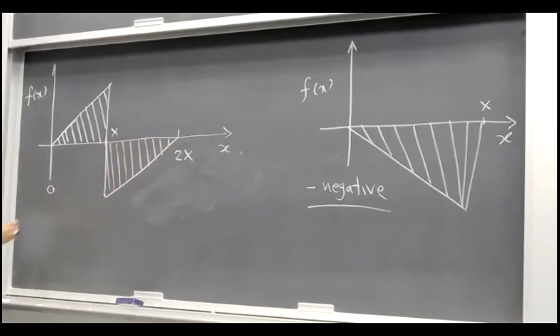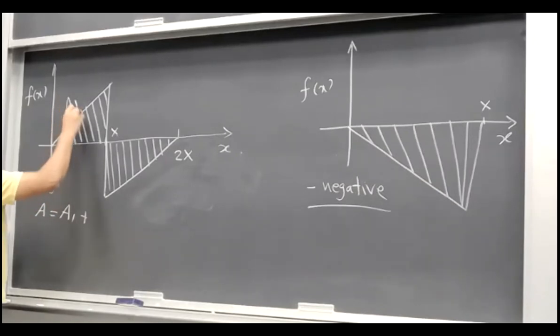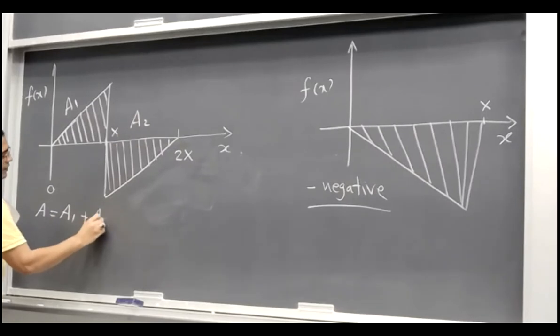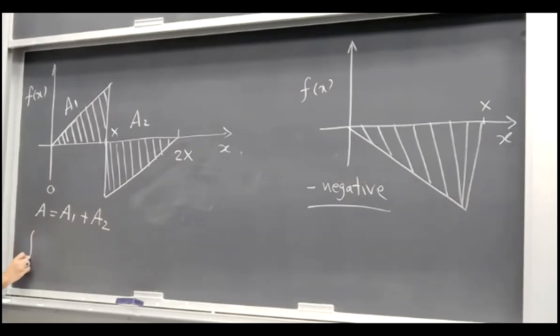So that would mean my total integral would be A1, the first triangle, and the second triangle, right? Plus A2. And if you want to write it in the symbolic form, this is how you would write.